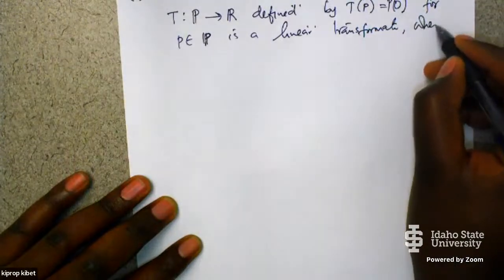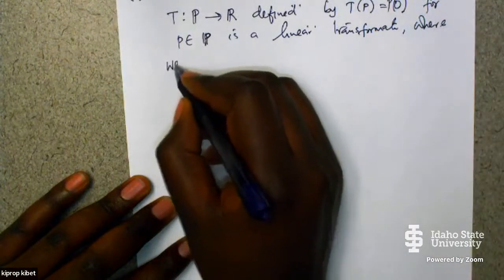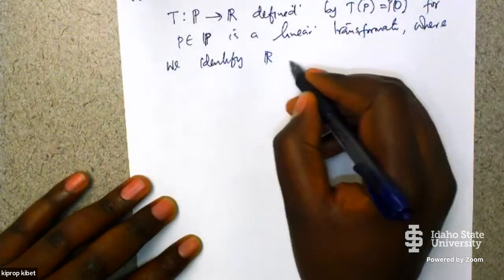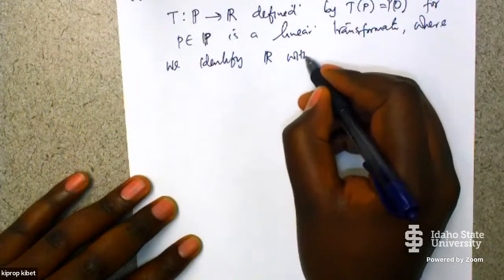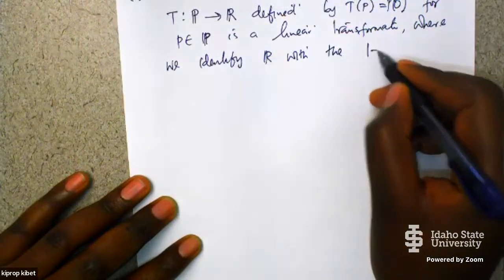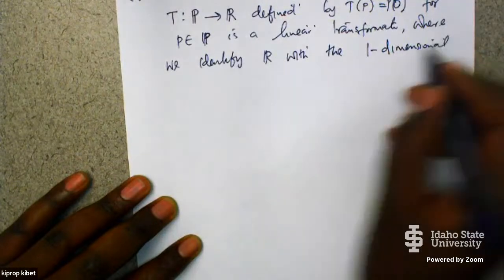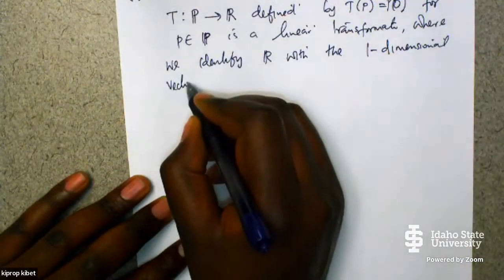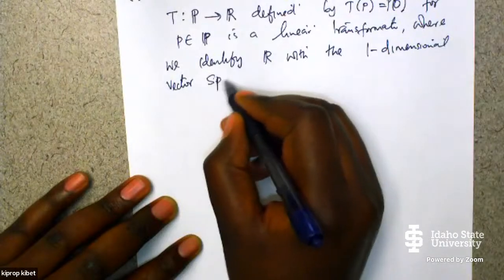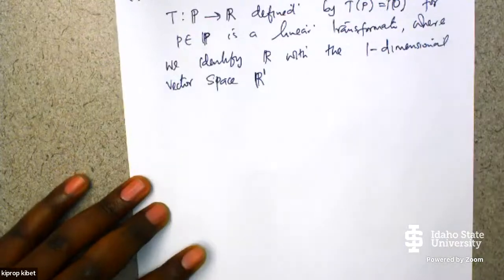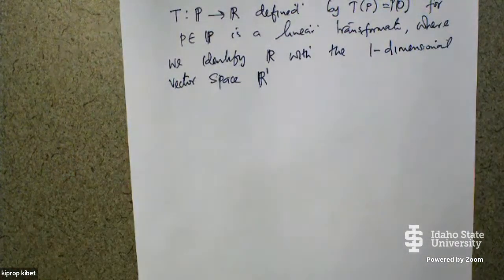where we identify R with the one-dimensional vector space, which you can write as R1.